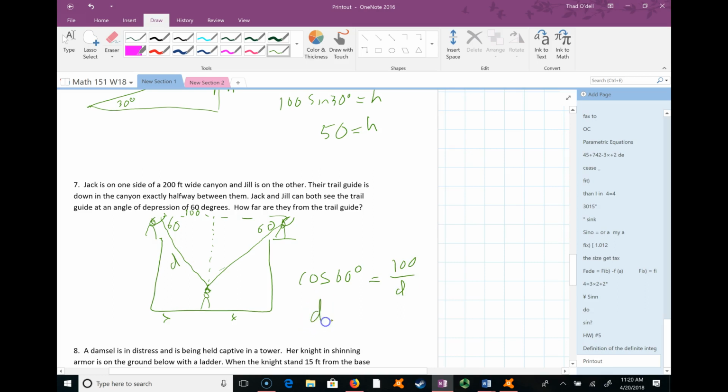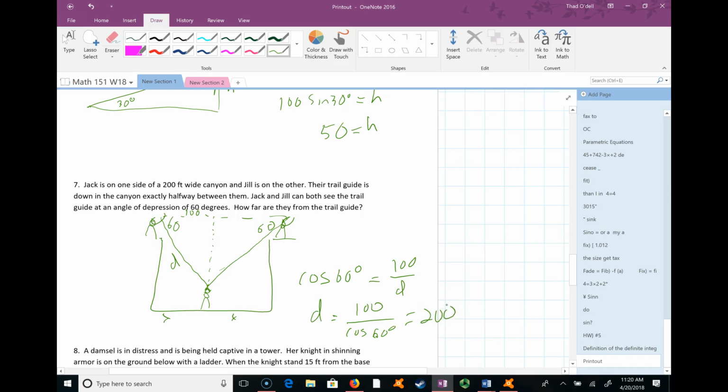So that means distance is equal to 100 divided by cosine of 60. I can multiply both sides by d and then divide both sides by cosine of 60. So then I get 100 divided by cosine of 60, and I get d is equal to 200.